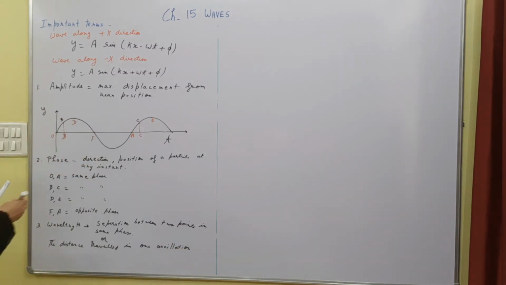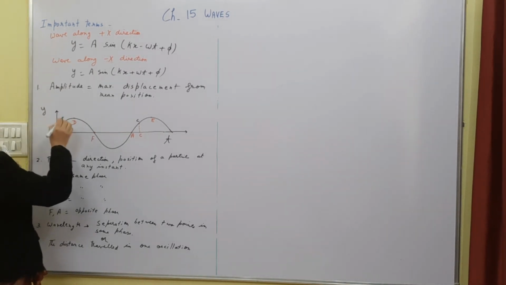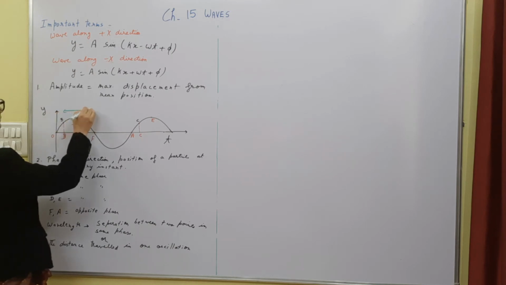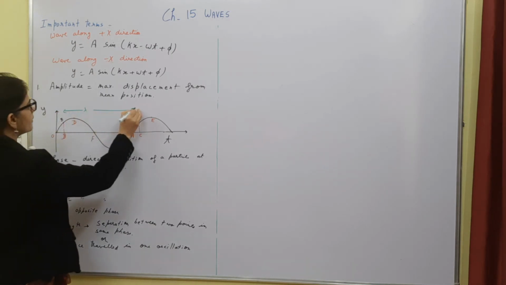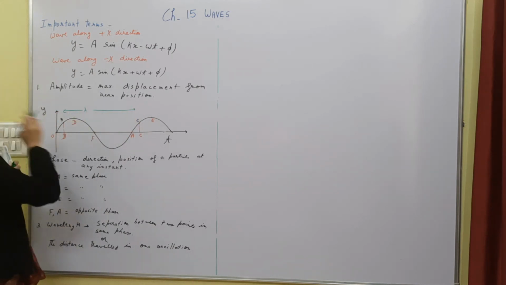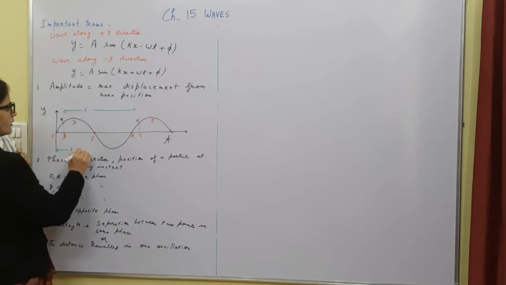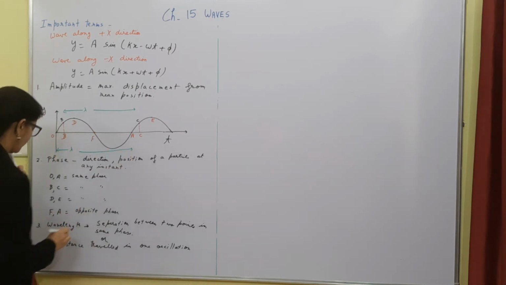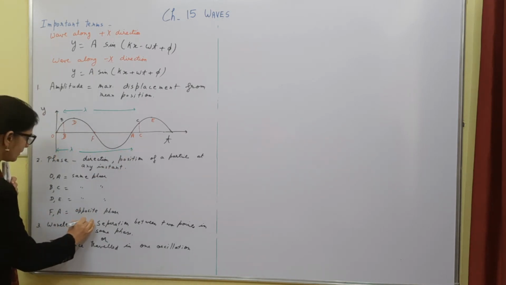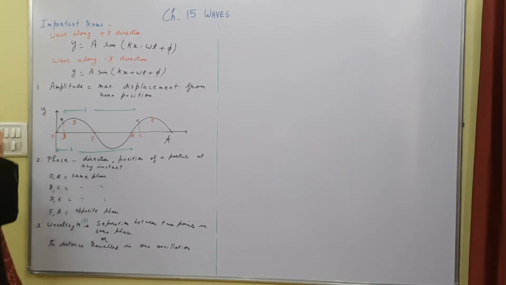Right? That means you can say that the separation between B and C will be one wavelength. Separation between D and E will be one wavelength. Separation between O and A will be one wavelength, and wavelength is represented by lambda.